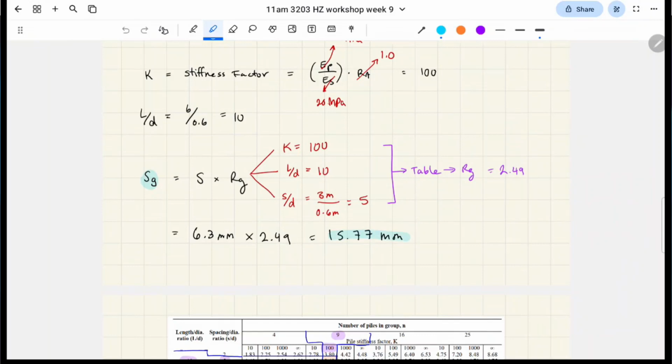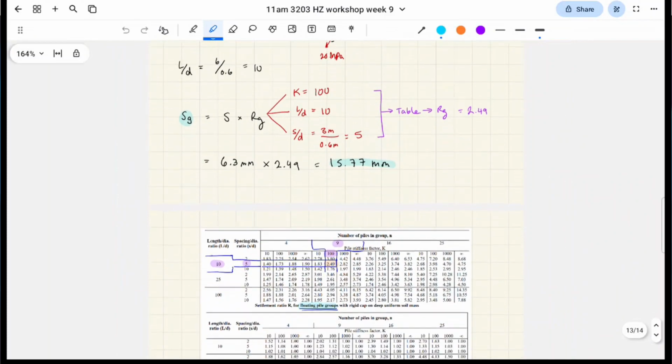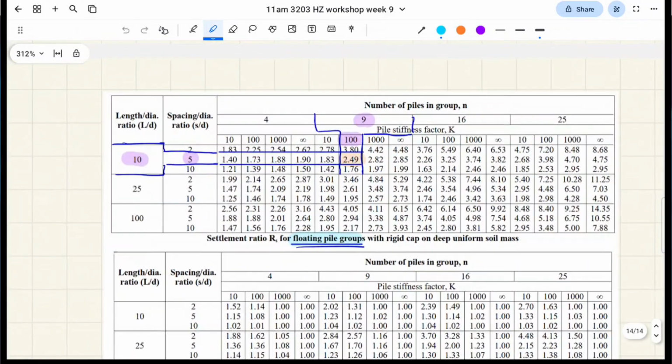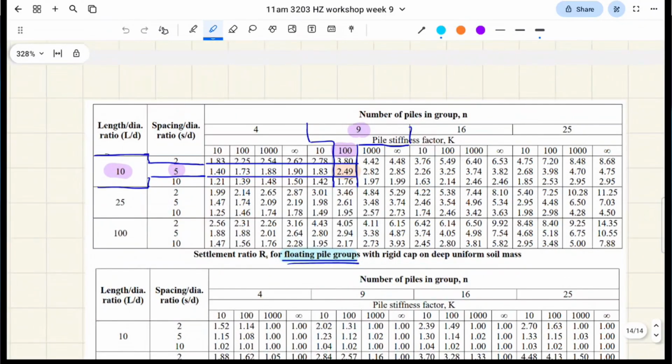Does anyone have any questions? Yeah. The first column only has, scroll down, it has like 10, 25, or 100. Do you really extrapolate?